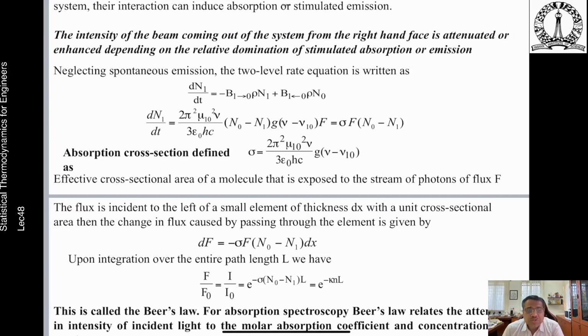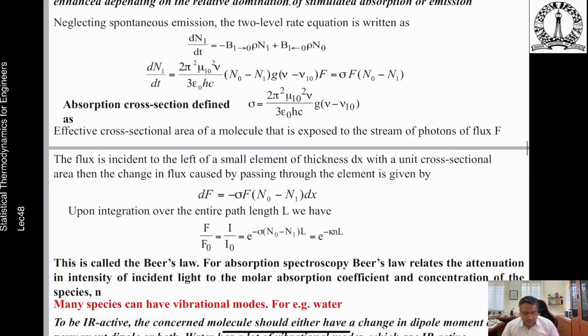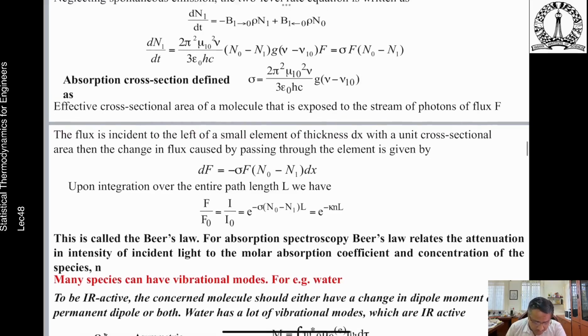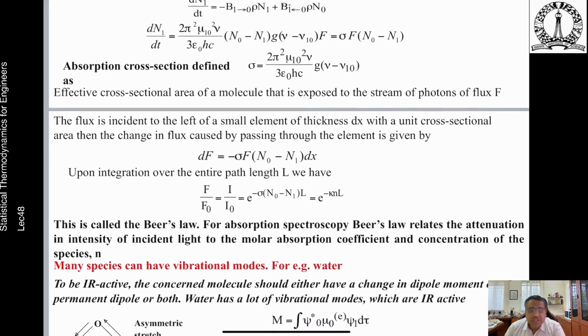And we also saw the flux absorption as it passes through it. So the expression that you see over here is basically Beer's law.